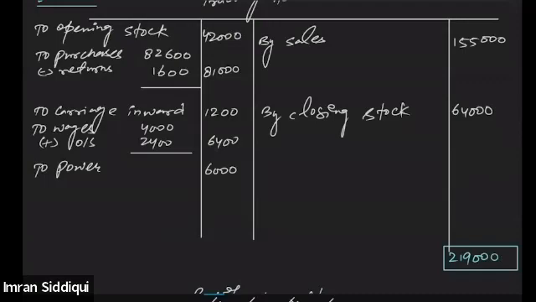Out of which you'll subtract 42, 81, 1200, 6400, 6,000, and the gross profit that we'll get, gross profit is the balancing figure, 82,400.